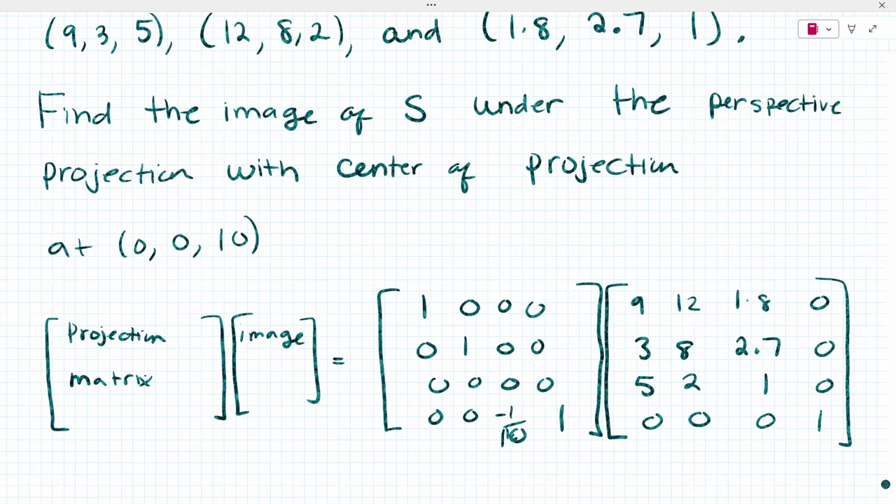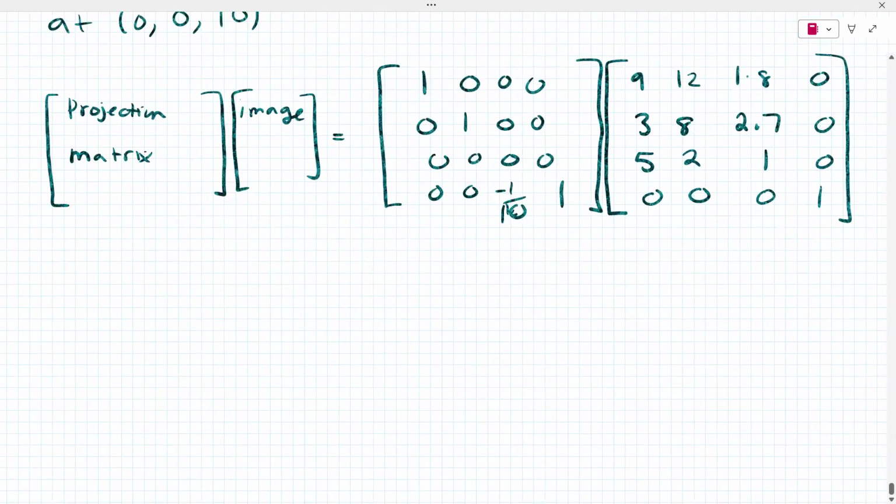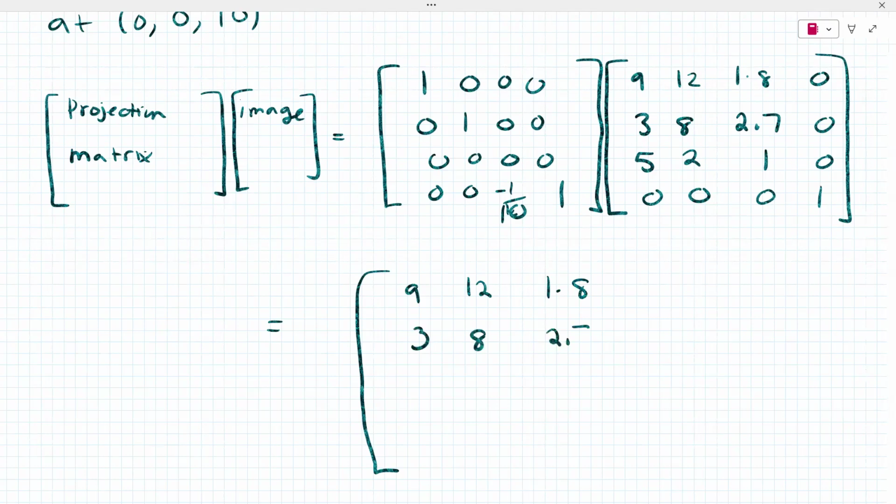When you multiply out those two matrices, you get this: 9, 12, 1.8, 3, 8, 2.7, 0, 0, 0, 1.5, 0.8, 0.9.